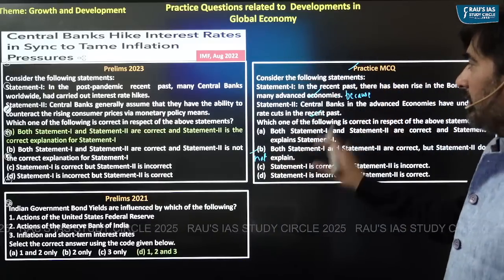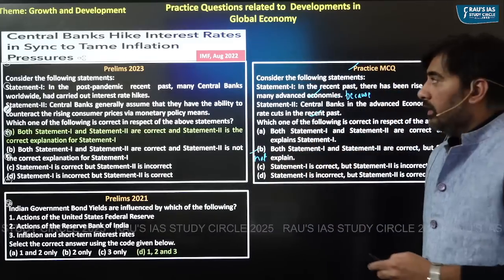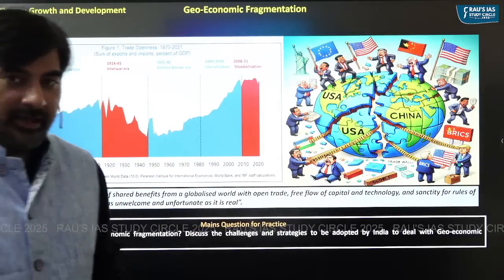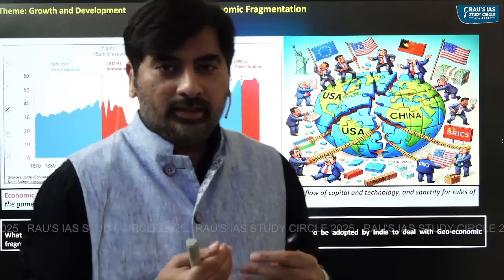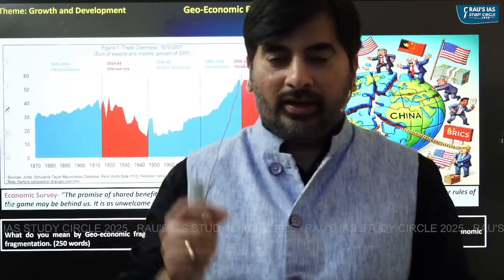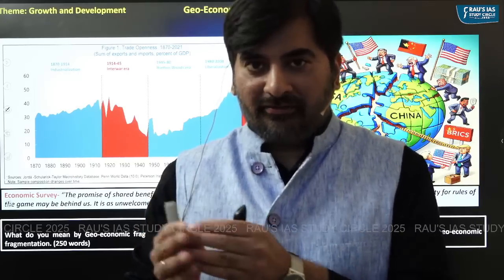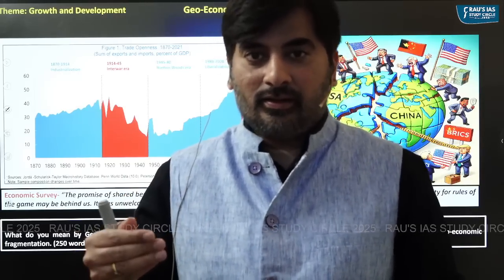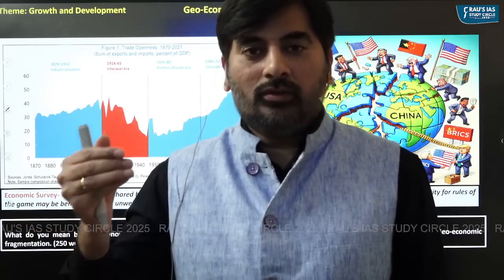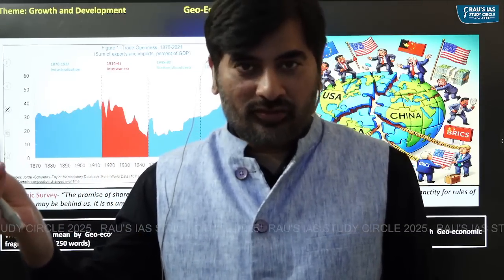This is about the developments in the global economy. Now coming to the next topic of geo-economic fragmentation. So what do you mean by geo-economic fragmentation? According to economic survey, geo-economic fragmentation can be defined as reversal in the global economic integration due to geopolitical as well as political considerations.